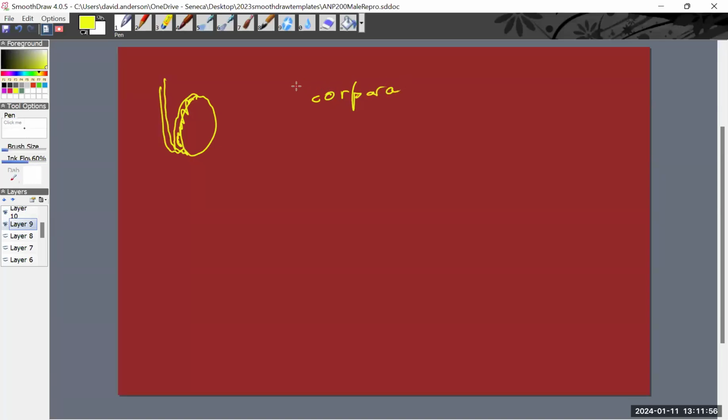And we have 3 of those. 2 of them are known as the corpora cavernosa. And one is known as the corpus spongiosum.